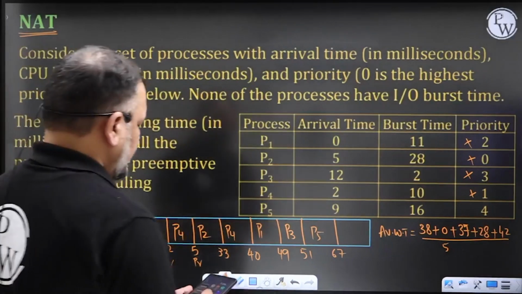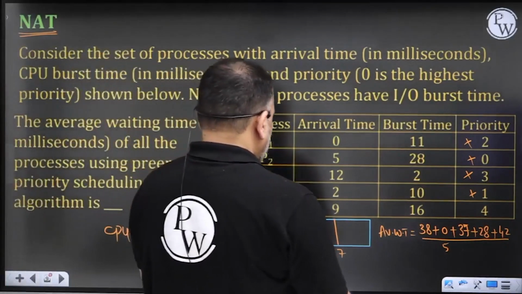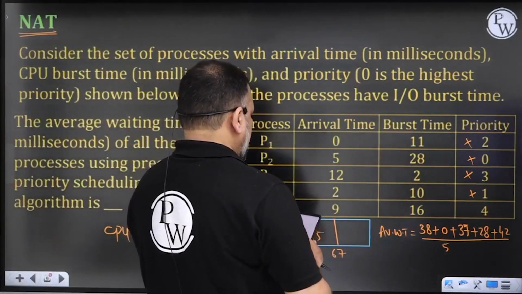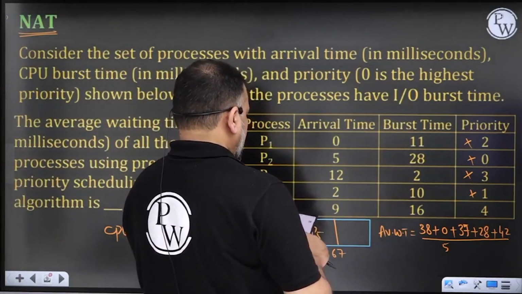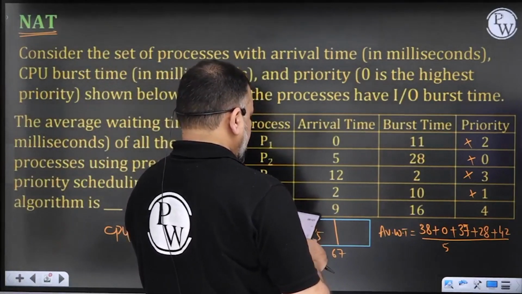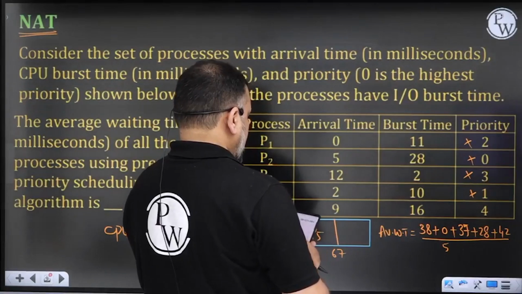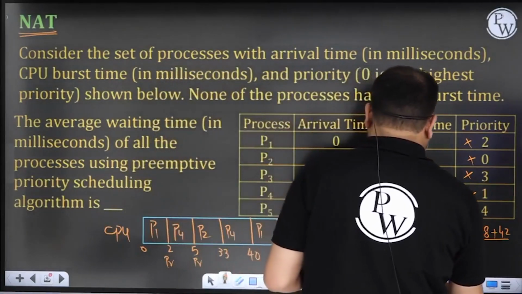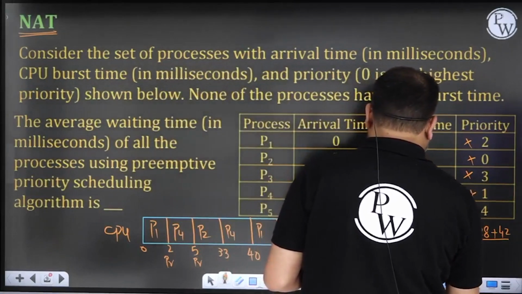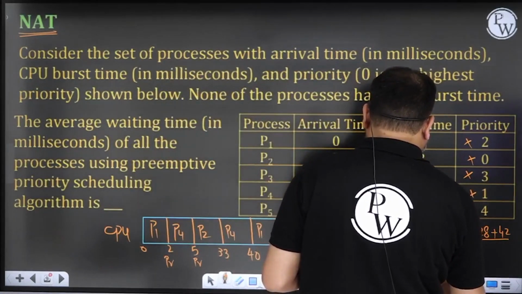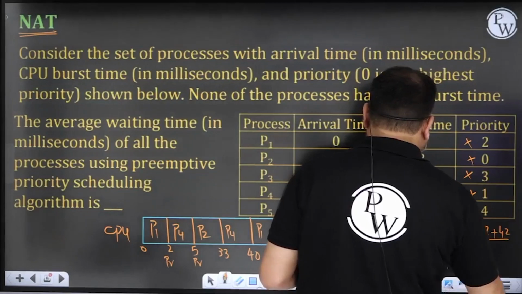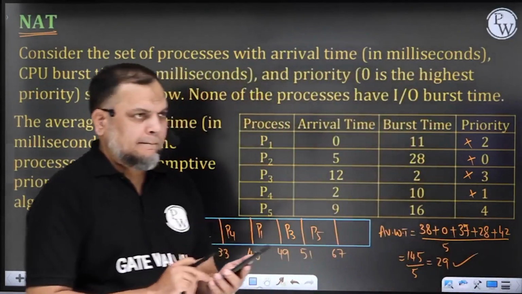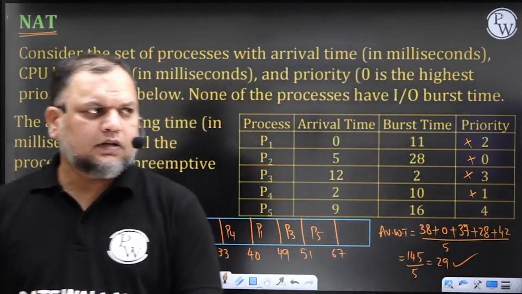Let me calculate the sum myself. 38 plus 37 plus 28 plus 42 is 145. This is 145 divided by 5. 29 is the answer. Exact 29.